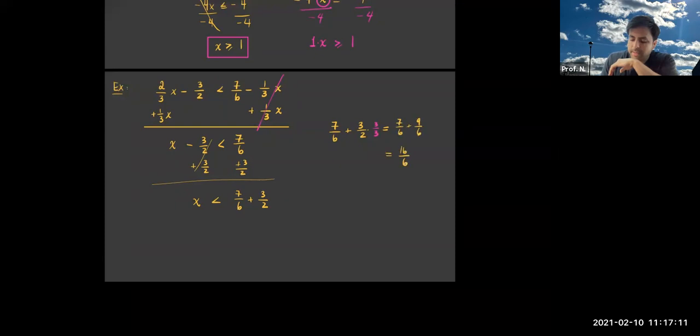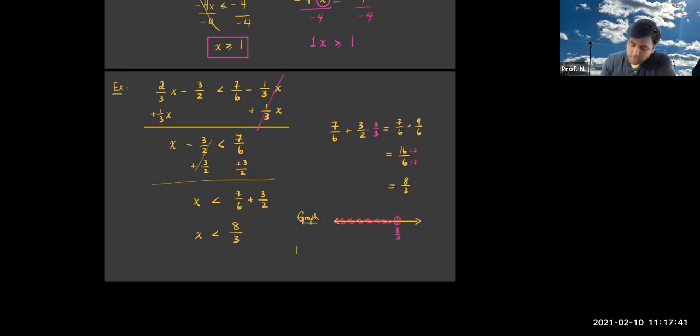But then you can simplify 16/6 by dividing the top and the bottom by a common factor, which is 2. So if I divide both the top and the bottom by 2, I get 8/3. So x is less than a fraction, 8/3. And then the graph of the solution on the number line is going to be 8/3, open circle, shade to the left.